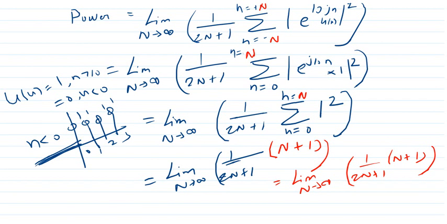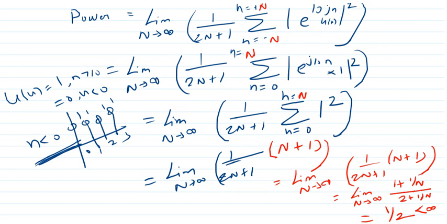Dividing by N, we get the limit of 1 plus 1 divided by N over 2 plus 1 divided by N. So finally we will get 1 by 2, which is less than infinity.